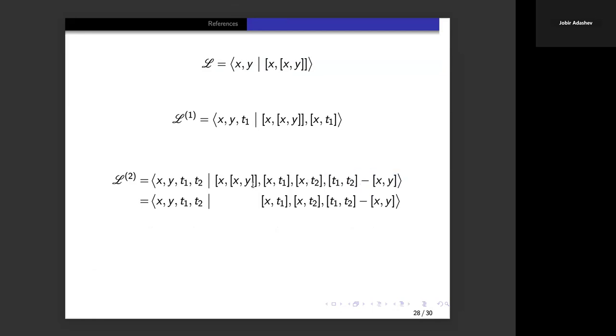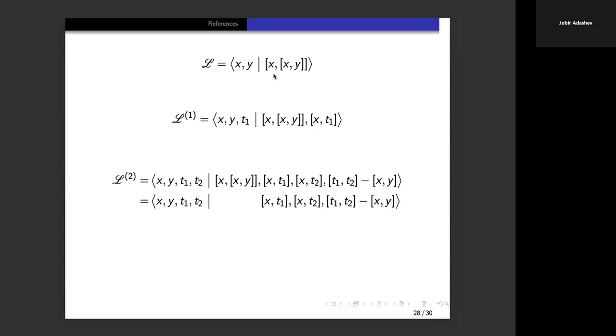And from these relations, the first relation here can be deduced, so it is not a minimal relation for the Lie algebra. And so the final presentation of our Lie algebra L2 is quadratic, meaning that not all, but this particular kind of non-quadratic Lie algebra embeds into a quadratic one.